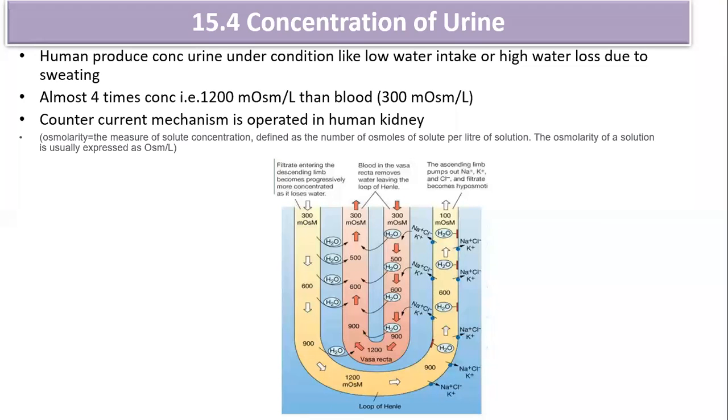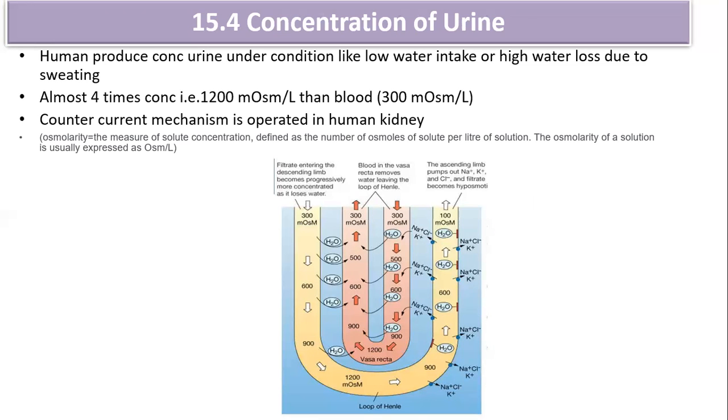All of you know that vasa recta is a part of the peritubular capillaries which is parallel to Henle's loop. These two parts are involved in the counter current mechanism. Counter current means the fluid flows in exactly opposite directions. Therefore it is called the counter current mechanism.